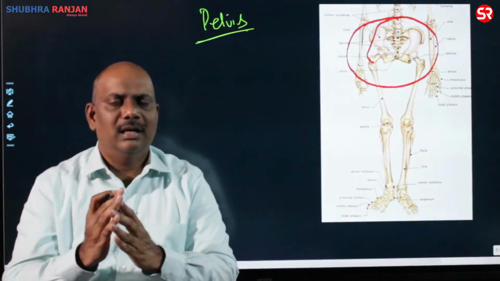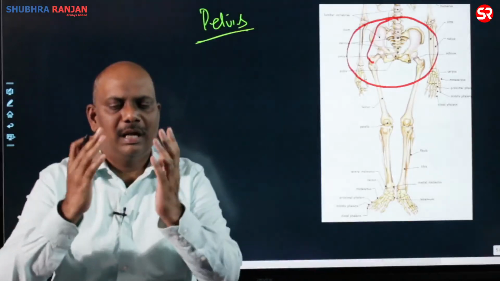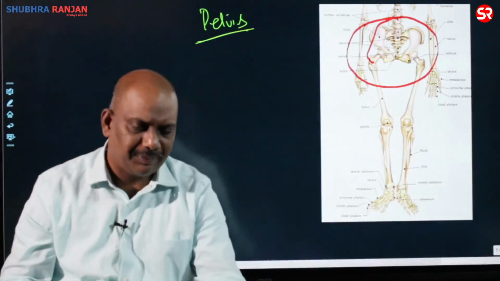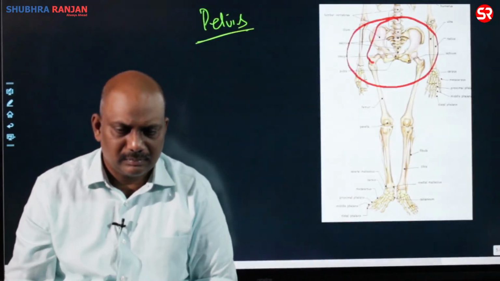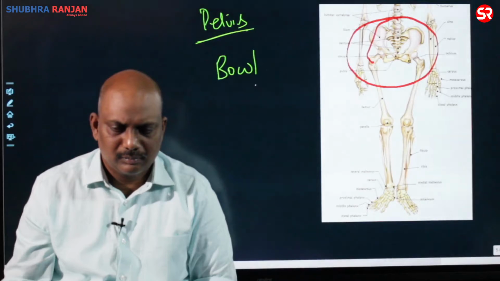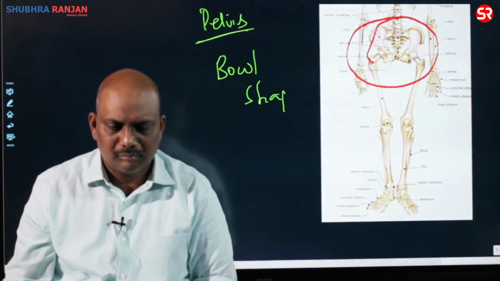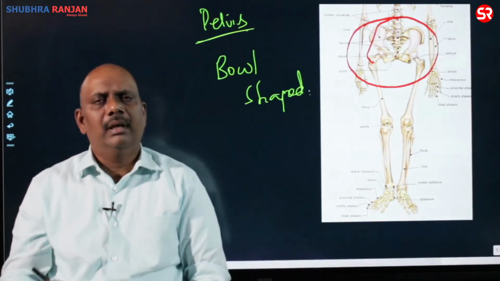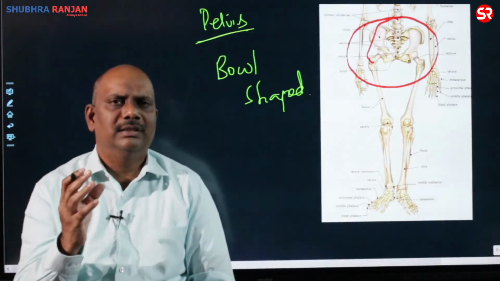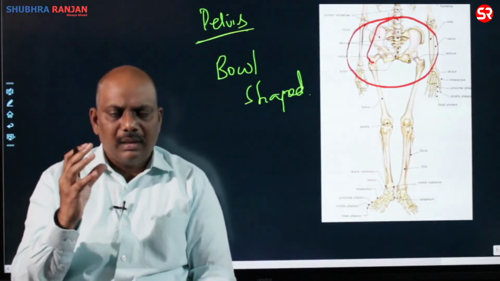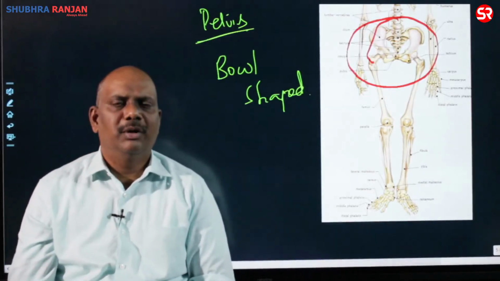So the plate-like pelvis became bowl-shaped. Even for Australopithecus, the pelvis bone is bowl shaped.